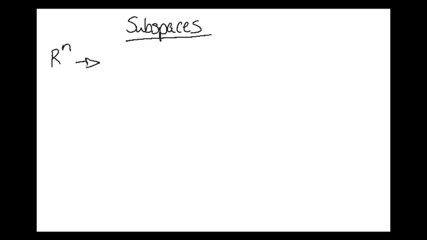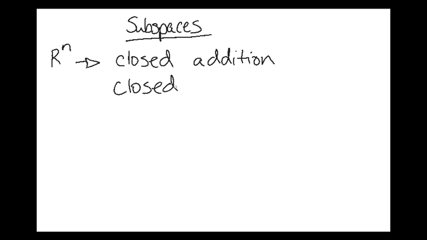And for it to be a valid subspace, it must be closed under addition and closed under scalar multiplication. What does that mean? Well, what that means is if you were to add or do the multiplication, the pattern that the initial vectors possess must be preserved in your final answer.